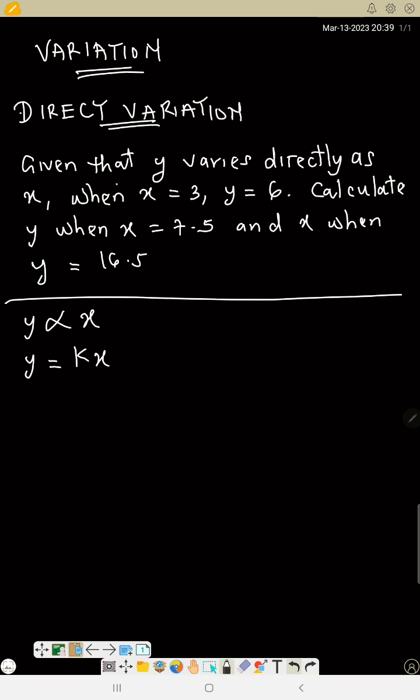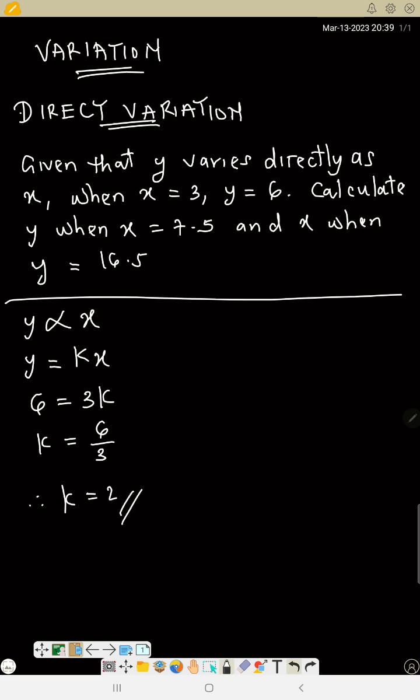According to the question, the first data given is to find the constant k. When x is 3, y is 6. So substitute: 6 equals 3k, so k is equal to 6 over 3. So k is equal to 2.